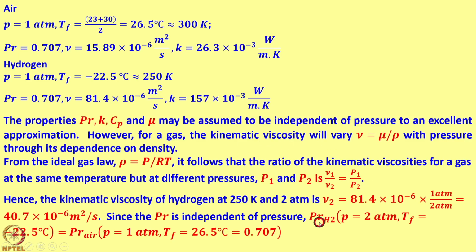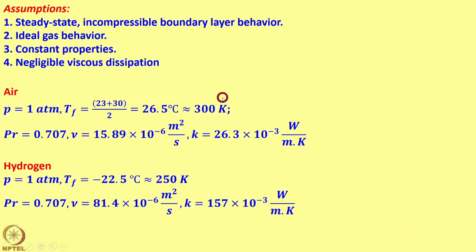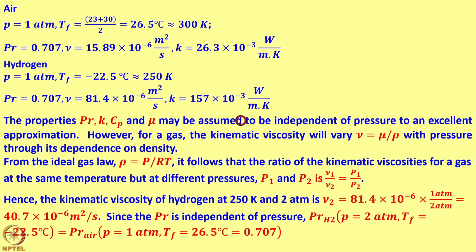Just look at this carefully, how I have gotten the properties. For want of time, I am not explaining how I have gotten this. I have gotten them from the properties, but since nu is a function of mu by rho, I have corrected for nu1 by nu2 as P1 by P2. So whatever I get for hydrogen and for air, I have corrected for hydrogen based on pressure. That's the only thing.